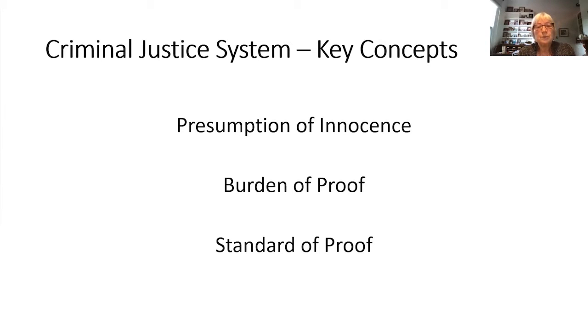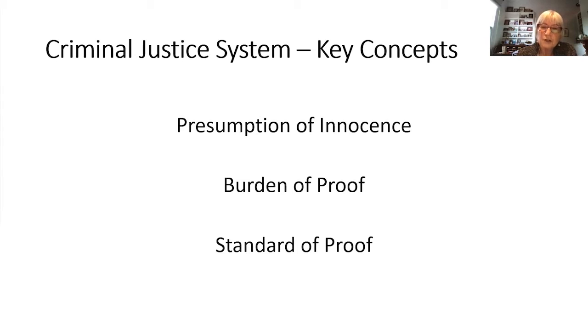So the accused person is presumed innocent of the crime with which they are charged unless the prosecution has proved the accused guilty according to law. So it is the prosecution, that's the police in the magistrates' court, it's the Office of Public Prosecutions in the county court and in the Supreme Court.